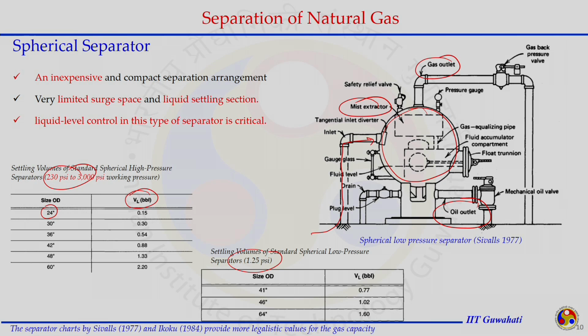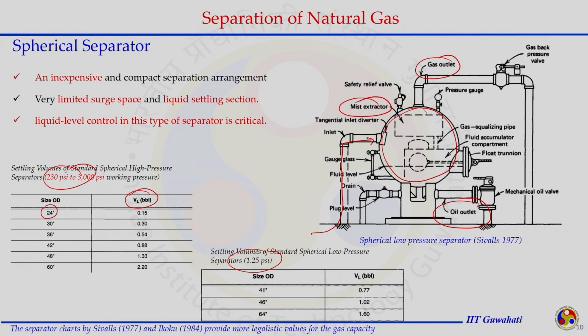Again, this amount of liquid can tell us about the size of the separator, but that needs to be verified with the amount of gas that is also going to be handled, or in other terms the gas capacity, because both gas capacity and liquid capacity will determine the optimum size of the separator. Already mentioned, it should not be over defined, it should not be under defined.